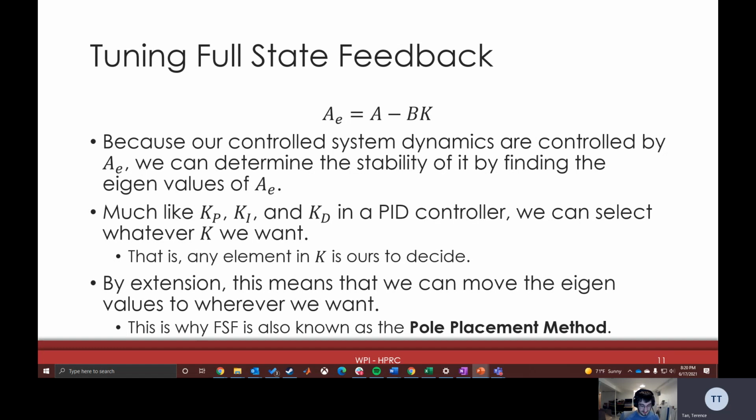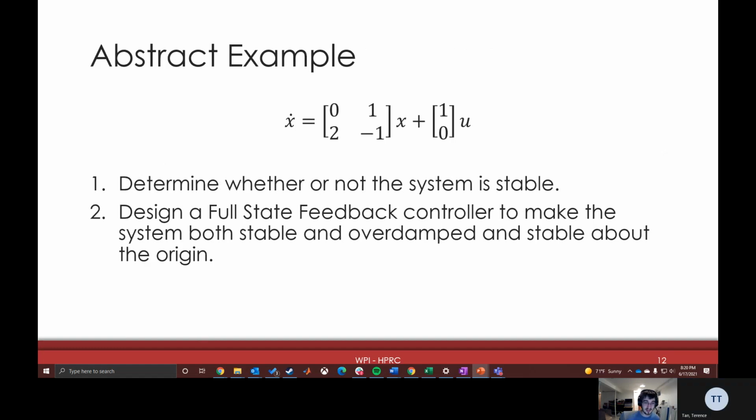All right. Now I'm going to do a nice abstract example. I have a nice system right here, which is a linear system. The first thing I'm going to have you do is determine whether or not the system is stable, and then design a full feedback controller to make sure that it's both stable and overdamped. That's a typo.